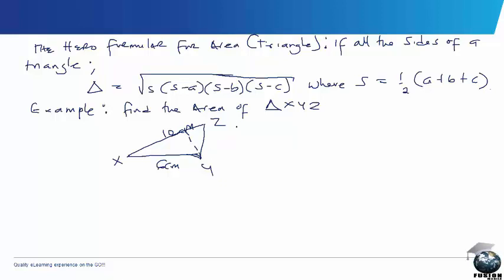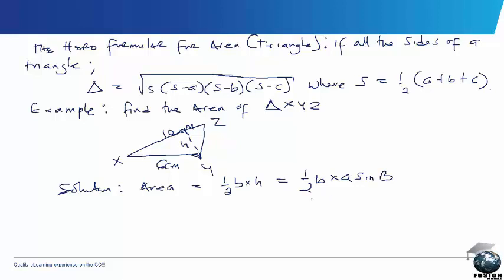So how do you find h? Remember that the area of a triangle is given as half base times height, which could as well be obtained as half base times a sine b, or any of the relations as we stated.